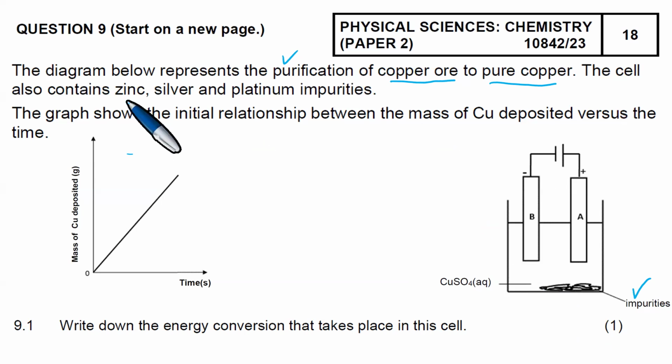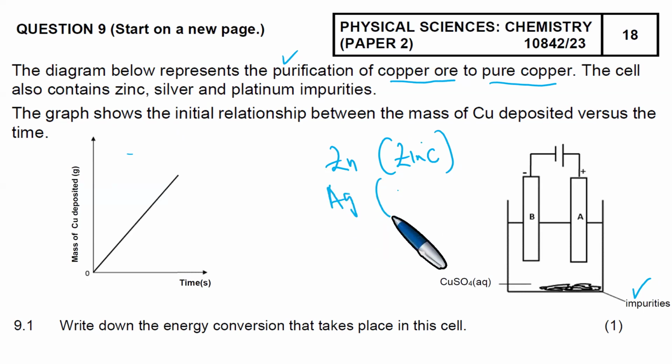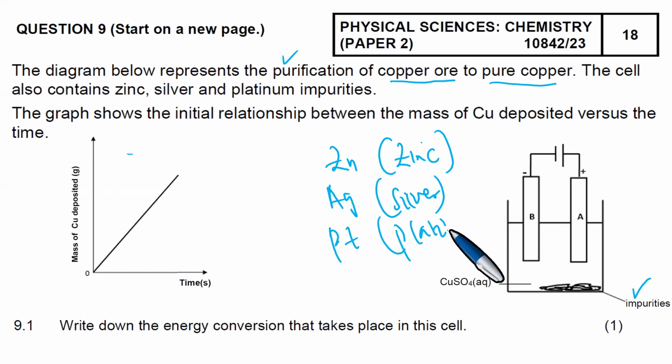The cell contains zinc, Zn, silver, Ag, and platinum, Pt, as impurities.